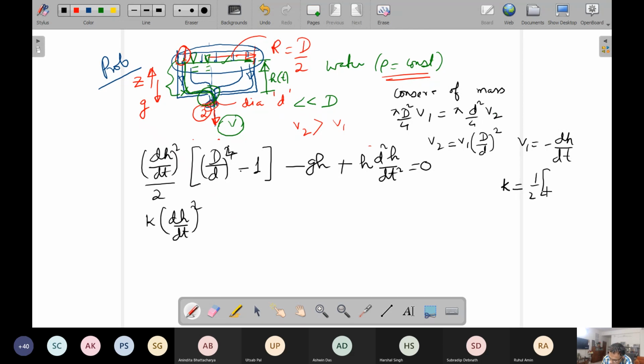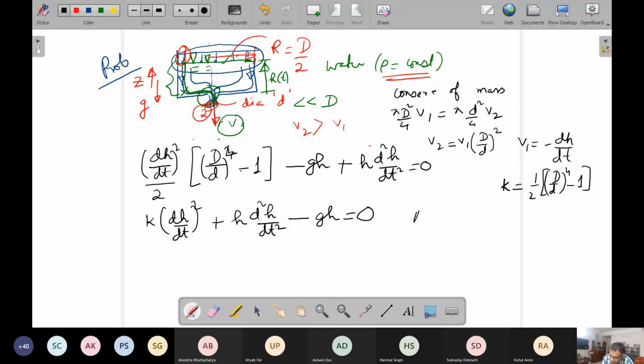So half into (d by D) whole to the power 4 minus 1, plus h into d2h dt2, minus gh equal to 0. So this is the governing equation which will give you h as a function of time if you solve it.